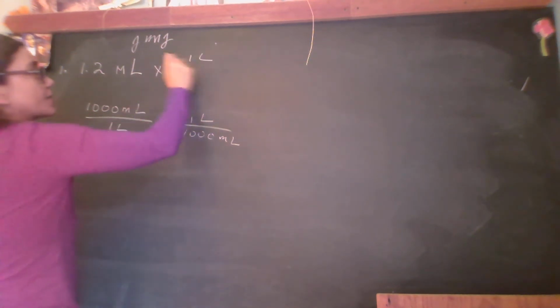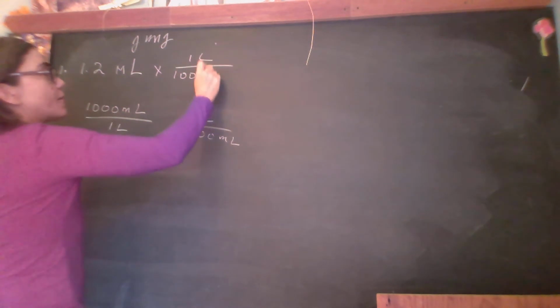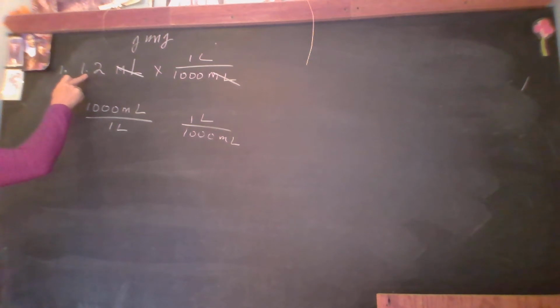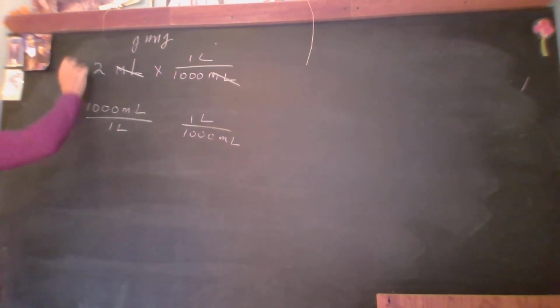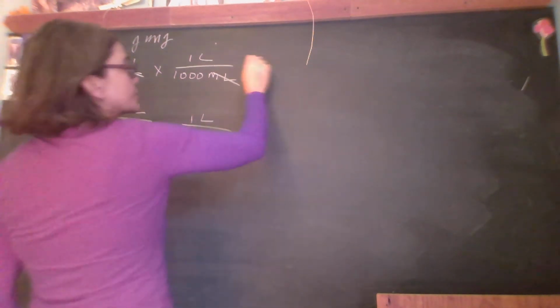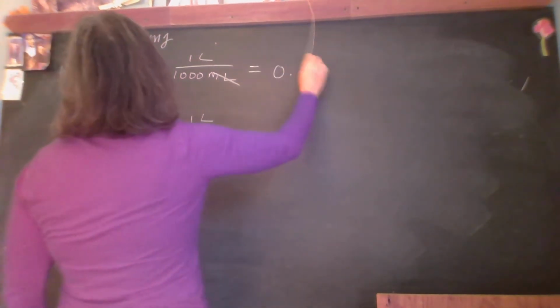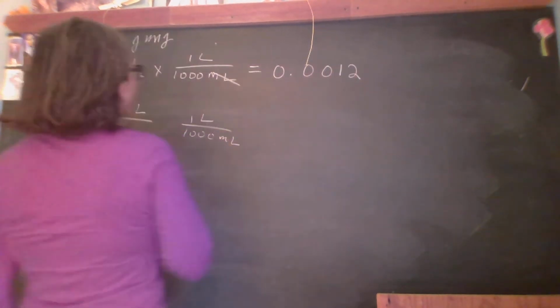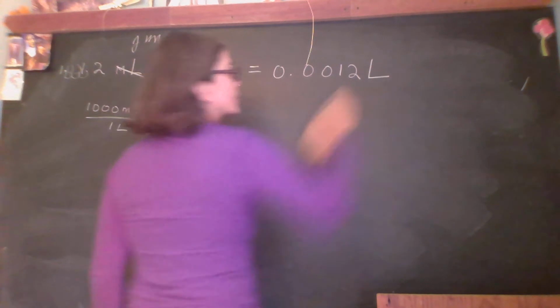So times 1 liter per 1,000 milliliters. Now our milliliters cancel. So we're going to divide this by 1,000, which is easy to do by just moving the decimals. So we're going to go 1, 2, 3, right? So it's going to be 0.0012 liters. Now, what's wrong with my answer?